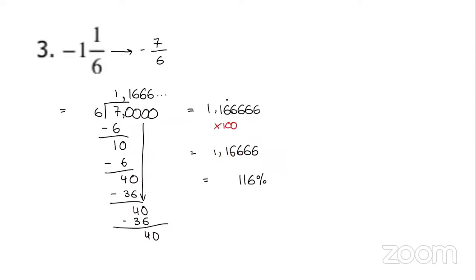Let's get rid of this and do this properly. Okay, technically it should be 16.66666, so we can say 17% negative.